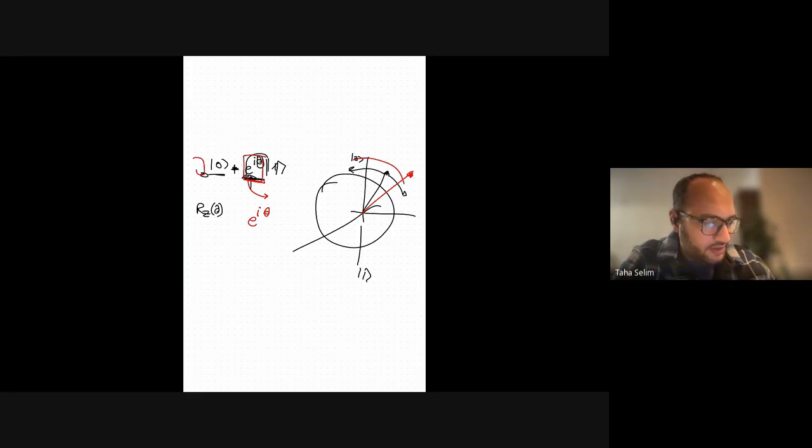This is our choice. If we make those equal, so we say it's 1 over root 2 of 0, plus 1 over root 2 of 1, then we get the Hadamard, so this is x, so we get something here, for example. But now we don't want this. We wanted to have this one reduced to this coefficient, e to the power i theta. So we have something like this.